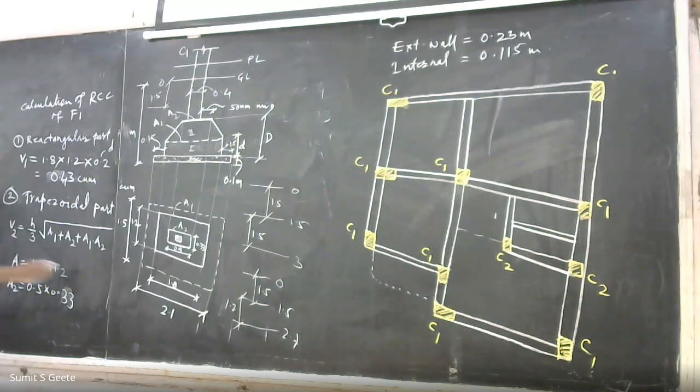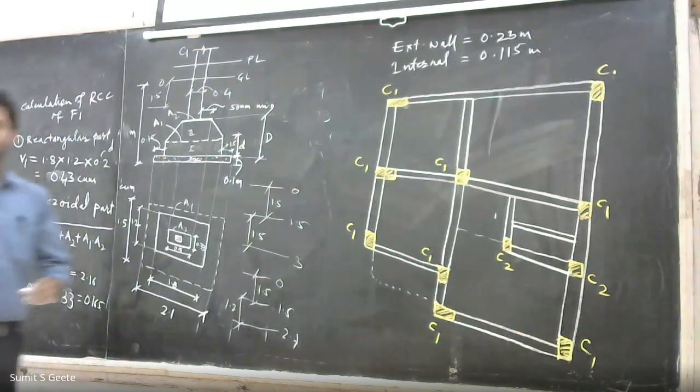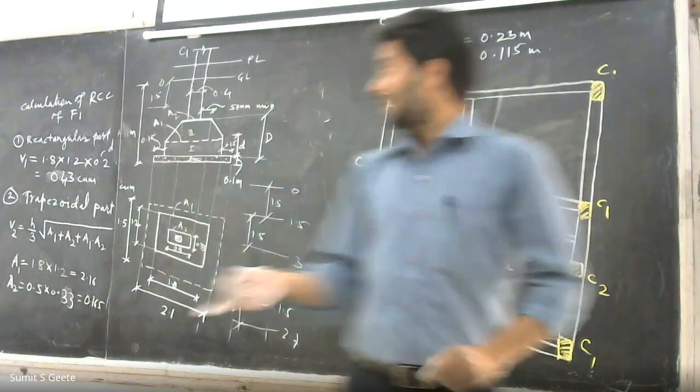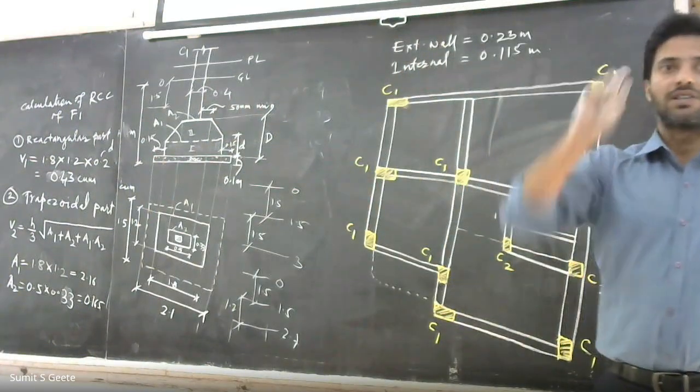So tell me this one. 2.16 and this is 0.165. Clear?